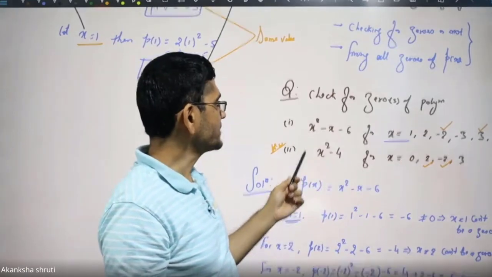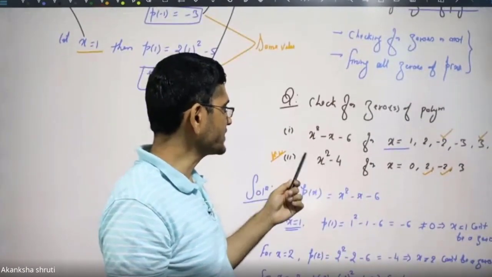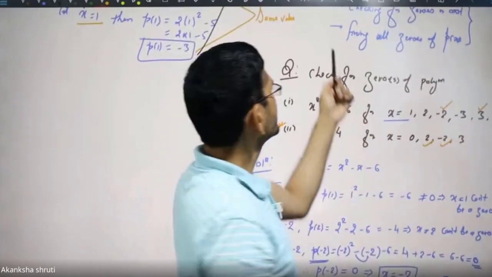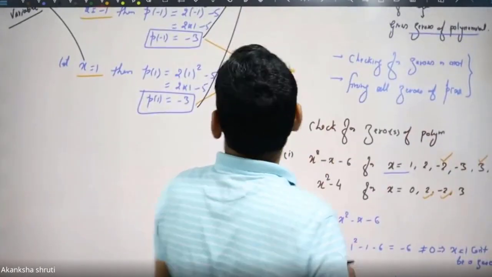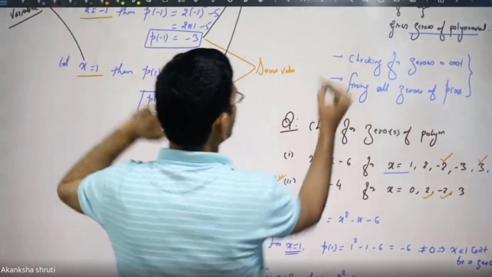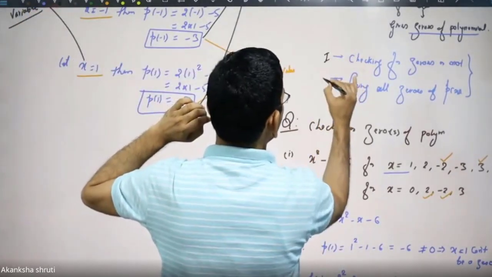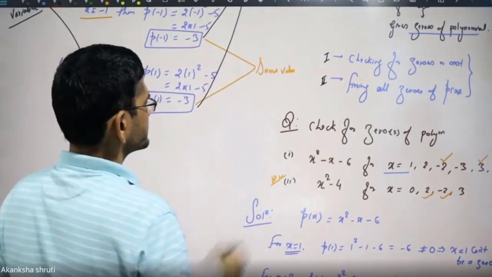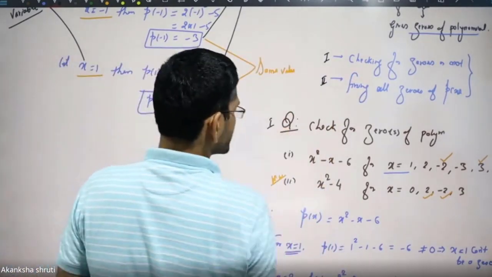But sometimes, or many a time in your standard, only the polynomial is given and you have to find its zeros. That is the second category. The first category we did in more detail in class 9th, so we have to focus on the second category. So this was the first category.